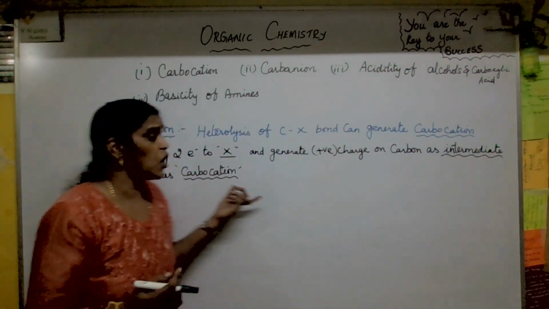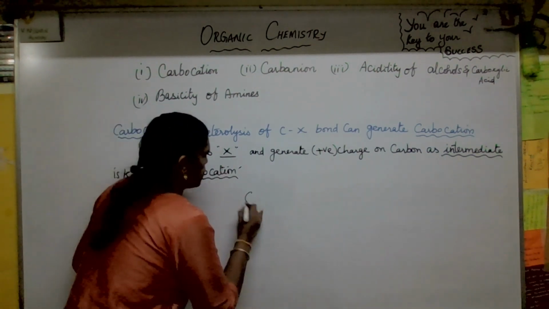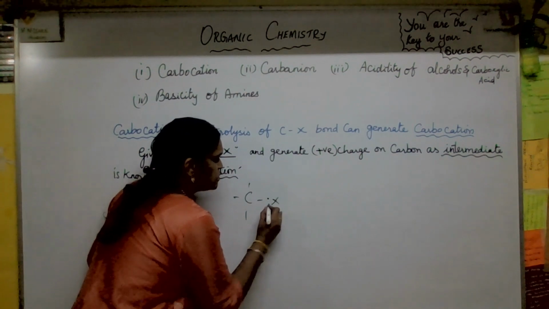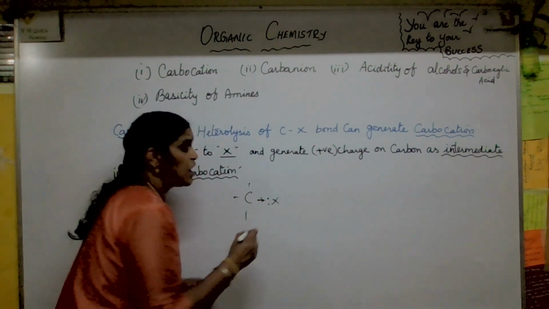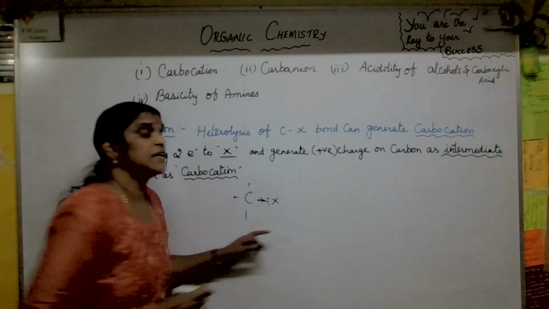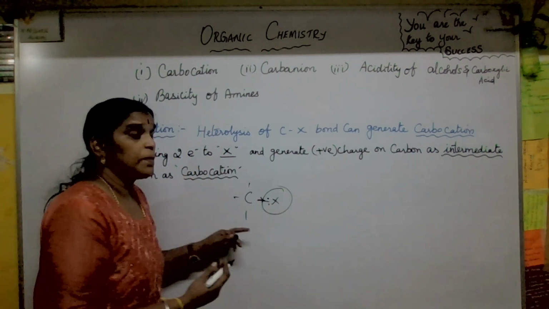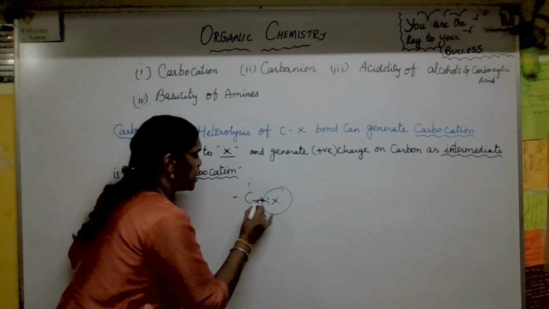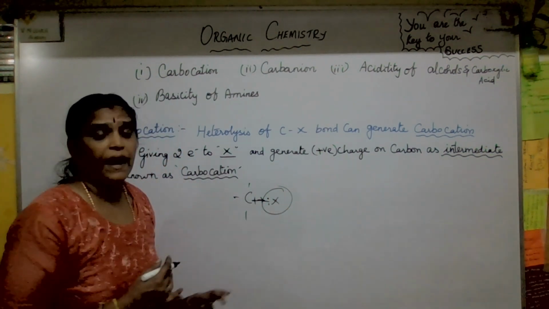How do we get that carbocation? Giving 2 electrons to halogen atom. Now carbon is there, and the halogen which is attached, the carbon is donating these 2 electrons, that means the electrons are attracted towards that halogen. Why? Because halogen has more electronegativity. Carbon, comparatively, has less electronegativity. So naturally the electrons are attracted by the halogen.